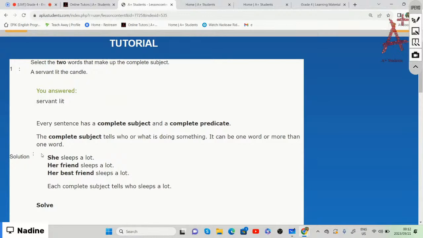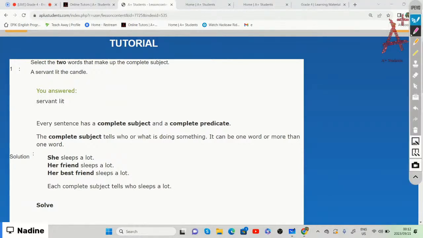And if we look at the examples, she sleeps a lot. Our subject over here is she. So who is doing the action or doing something? It is she.